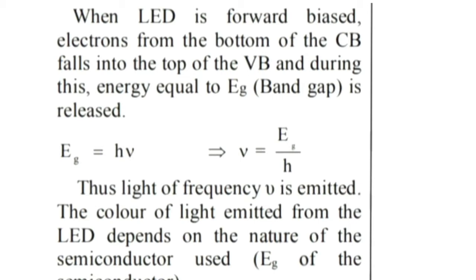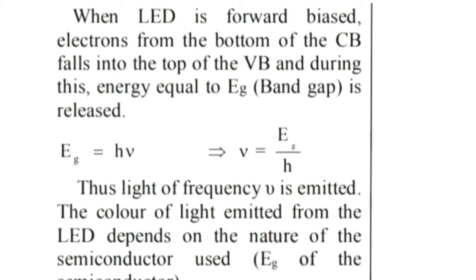So according to energy band theory, an electron which was in the conduction band falls to the valence band. During that process, it emits a photon whose energy is equal to the difference in energy. That difference in energy is the energy gap or band gap energy. So a photon whose energy is equal to band gap energy will be emitted.